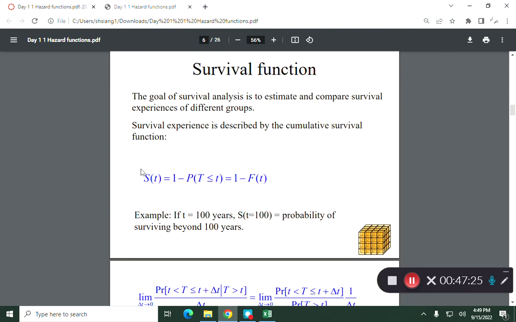And this is always the same thing. If you're reading reliability books, there are some reliability PDF files you can download online. In reliability books, they use the notation R(t). R means reliability. And if it's a biological function, we use S(t). And in this class, I will say R(t), S(t), your choice.